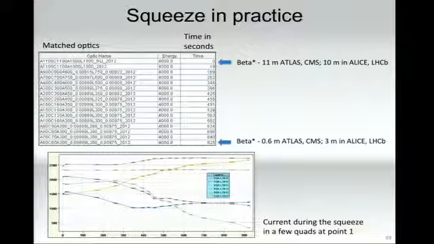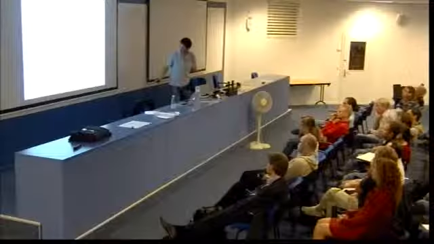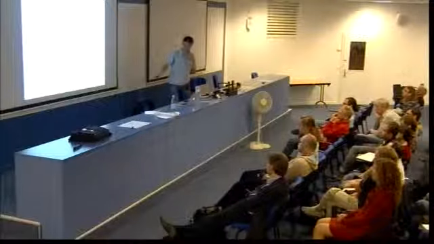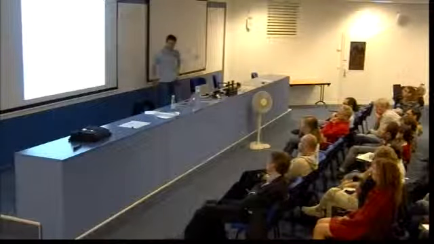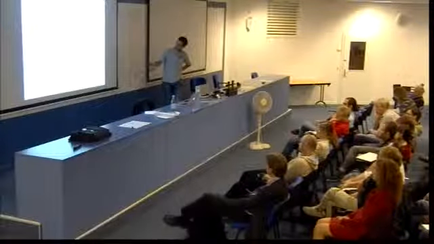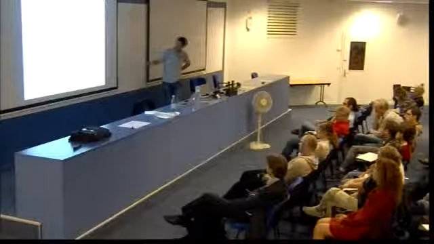Here you can see the squeeze unfolding. Not a lot of rhyme or reason there, but this is Q4, Q5, Q6, Q7, Q8, Q9, and this is changing the focusing properties in that particular interaction region to give us the required beta star. So that's the actual mechanics.